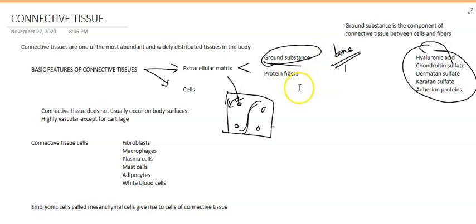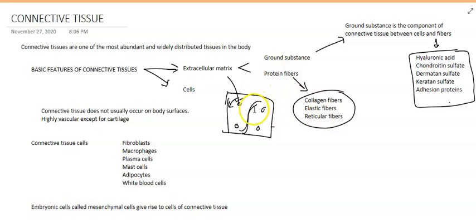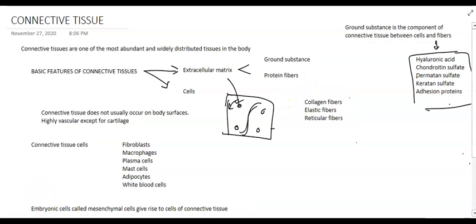Now let us see about the protein fibers. The protein fibers which are found in the extracellular matrix are of three types. The collagen fibers are very strong and resist tensile forces. Tensile forces means pulling or stretching, but they are not stiff, which allows tissue flexibility.